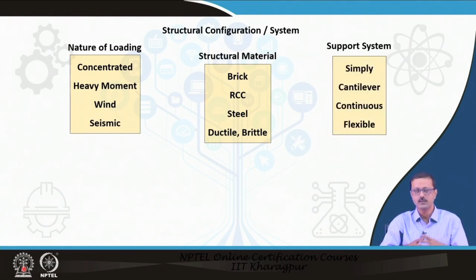And again you should know what the support system is, how finally that particular structure has to be supported through some component, like if it is simply supported or it is a cantilever or it is a continuous support or it is a flexible support. So, those are the typical types of support systems.